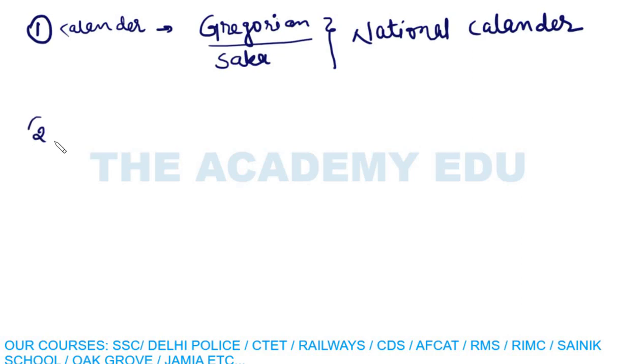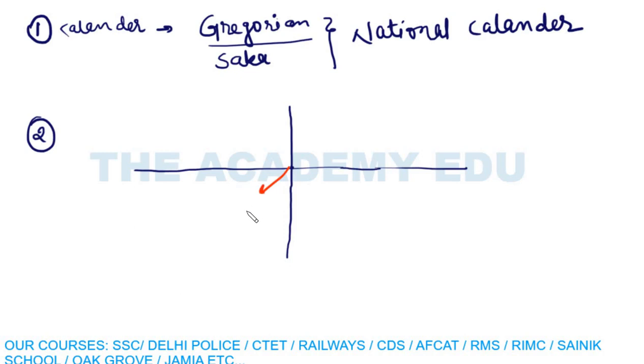Second, how we divide time in the Gregorian calendar. So see here. Let's take this coordinate system, and suppose this is the point of the birth of Jesus Christ.